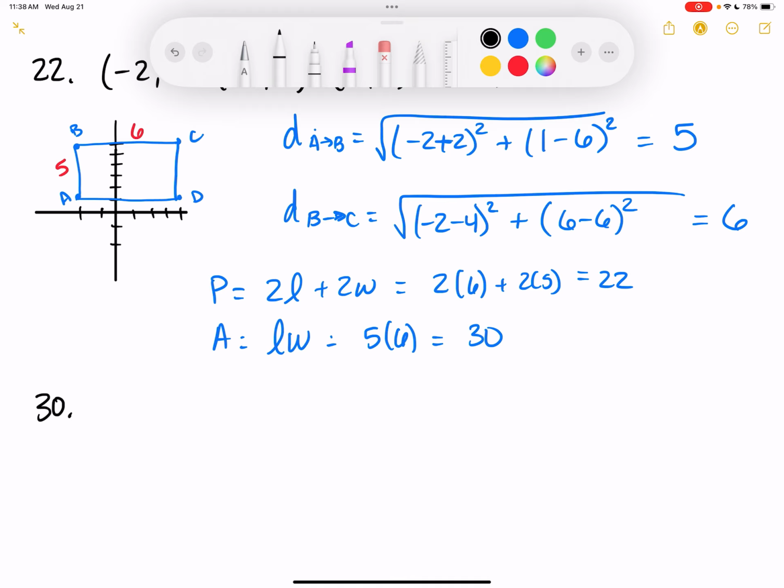They say the total number of motor vehicles in thousands produced in the world each year from 2001 to 2007 is given in the table. And they give us this table. It's an XY table.